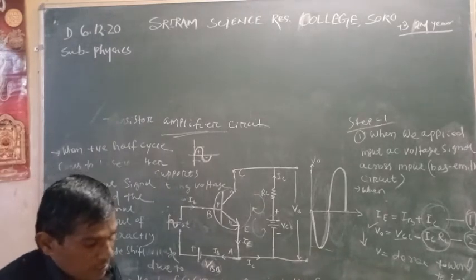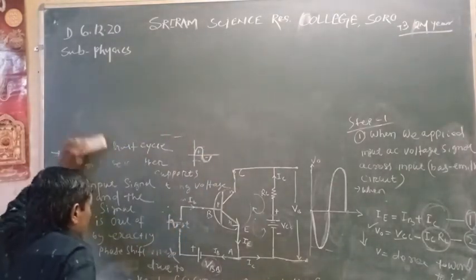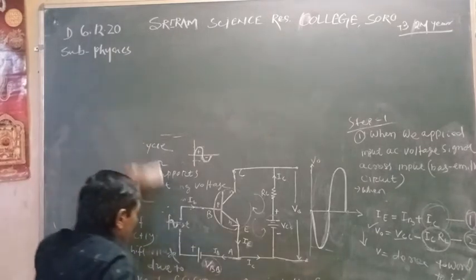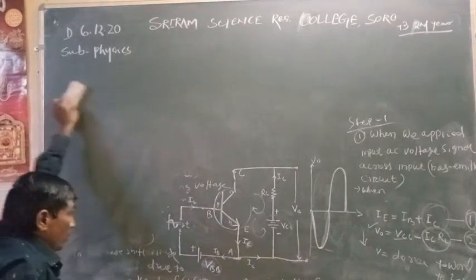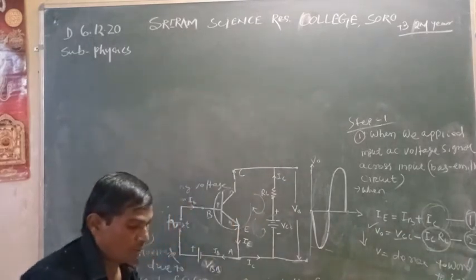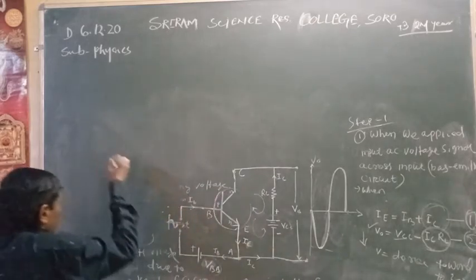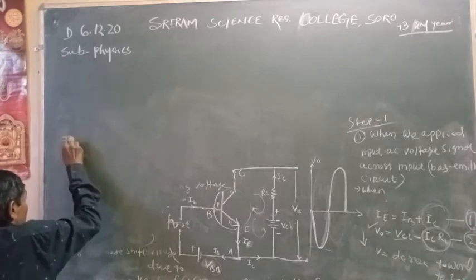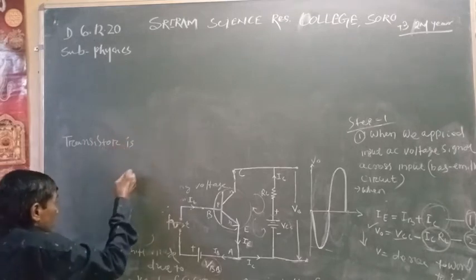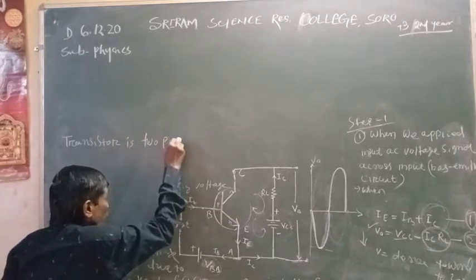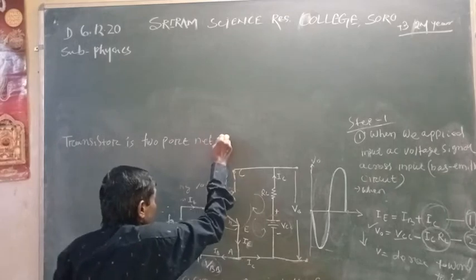Transistor as a two-port network means that the bipolar junction transistor is a two-port network.